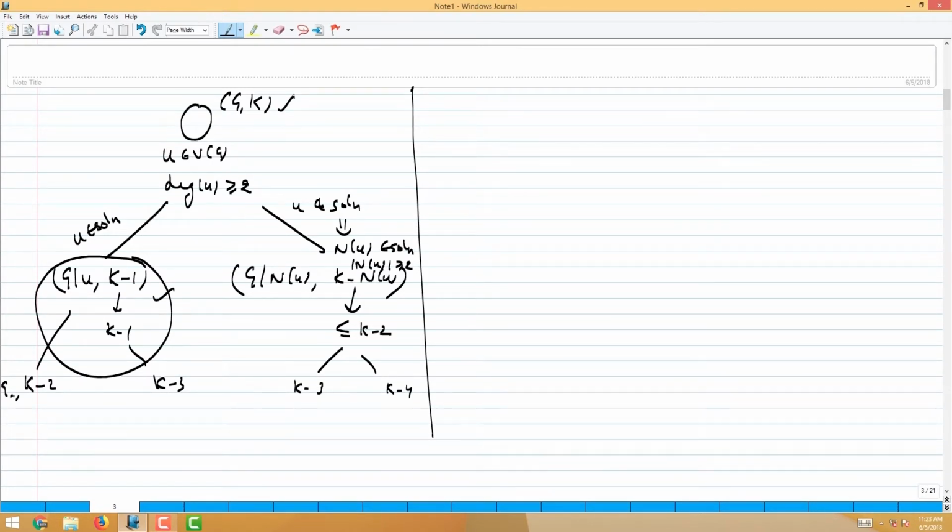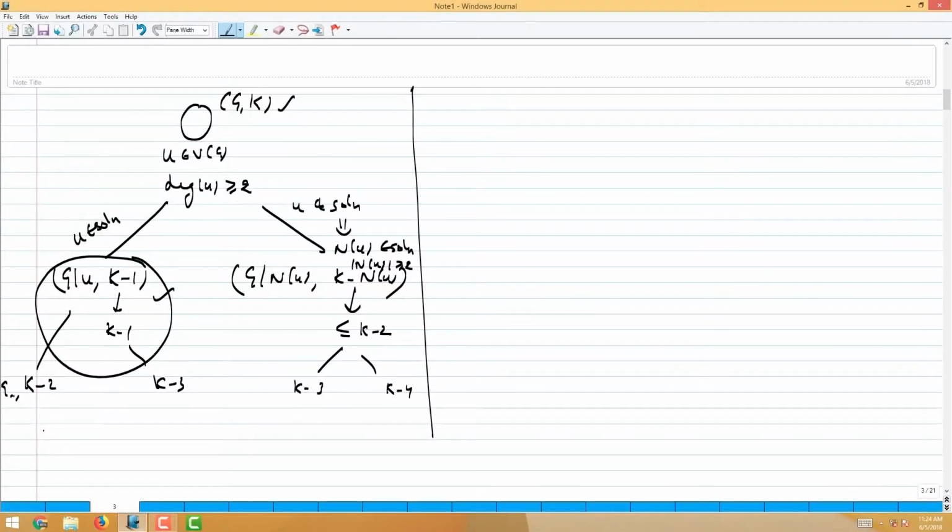Is it okay that every time I find a vertex of degree at least 2 and branch on it? What happens if I am unable to find a vertex of degree at least 2? How will a graph which has no vertex of degree at least 2 look? It will just have edges.